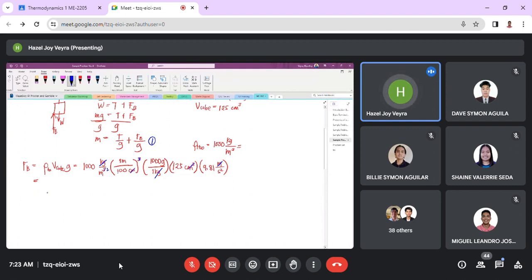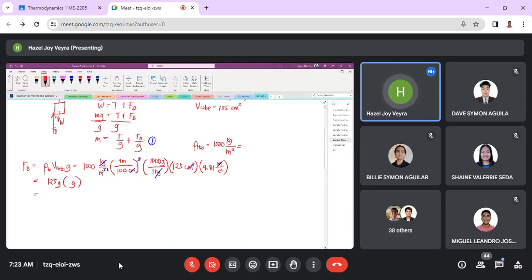So, we'll have here 125 g times 9.81 meters per second squared. Sorry, let me convert 9.81 to the gravity since we will also substitute it in our first equation.